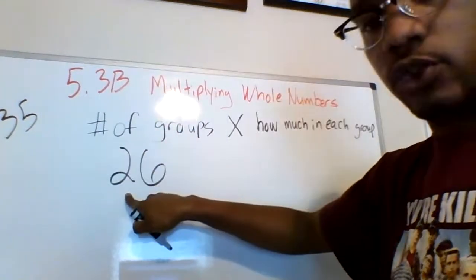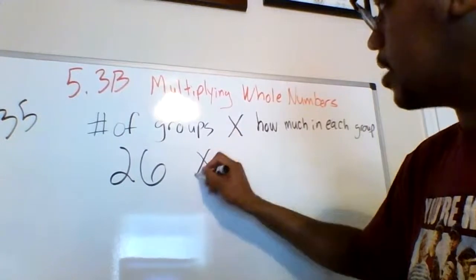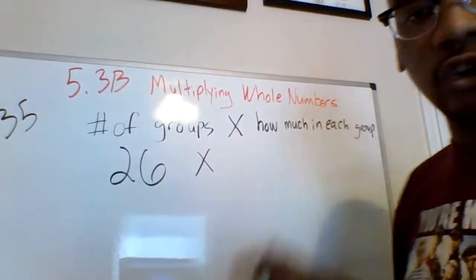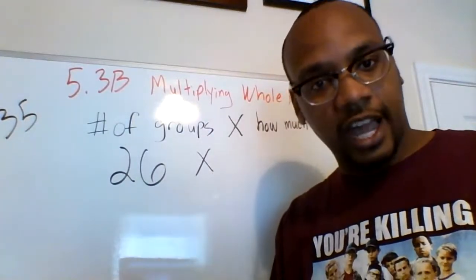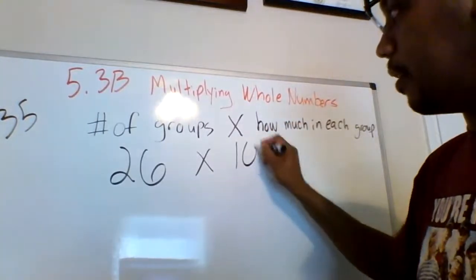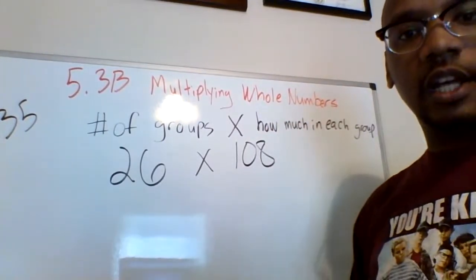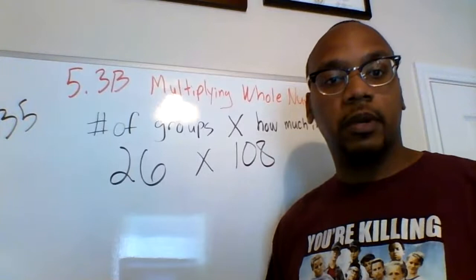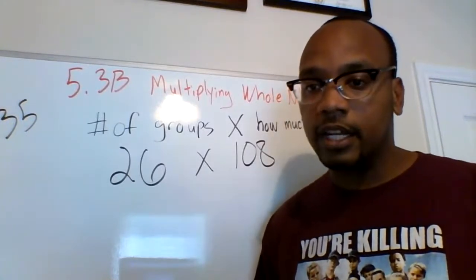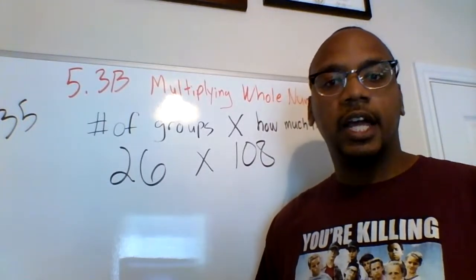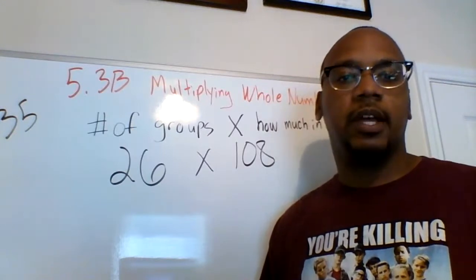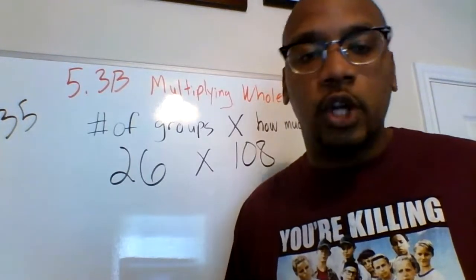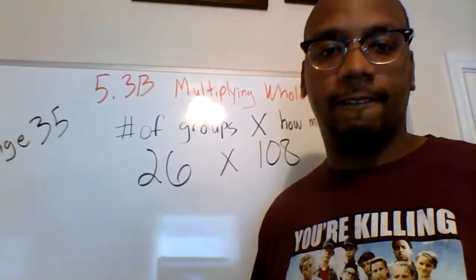So the number of groups, 26, times how much is in each group? Well, how many tiles are in each classroom? 108. So that sets up the multiplication problem. What's up, Yaylin? Now, from here, all you need to do is know how to multiply.